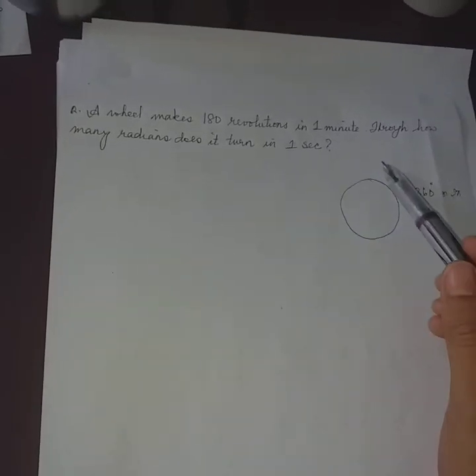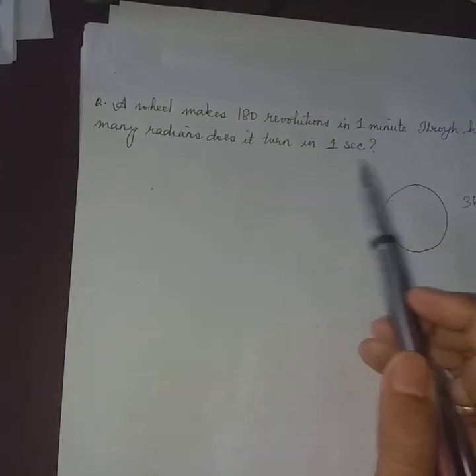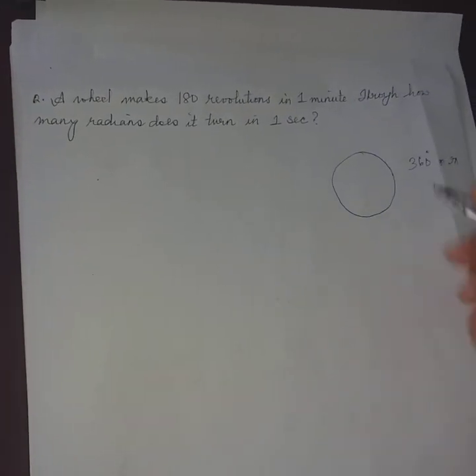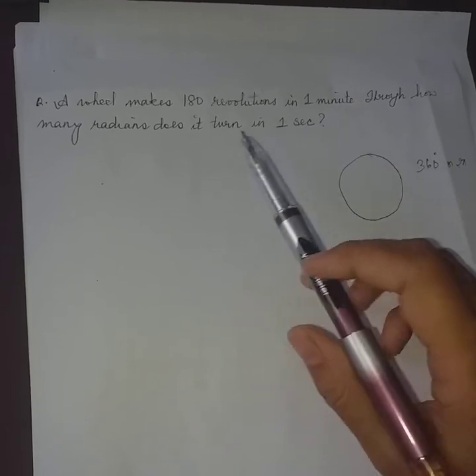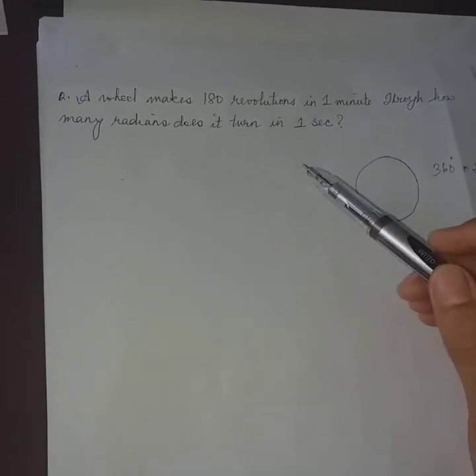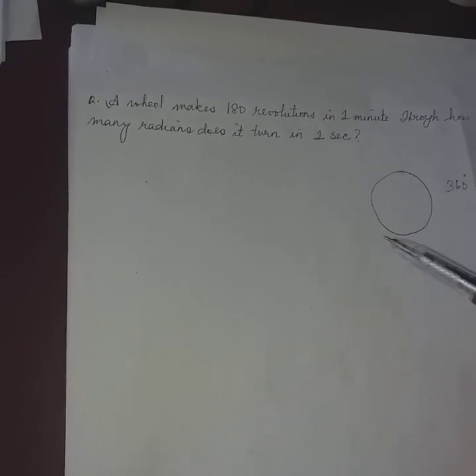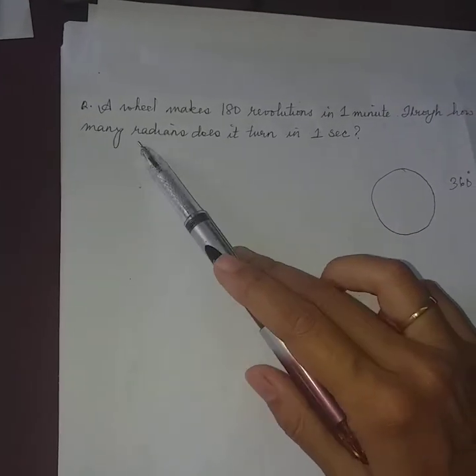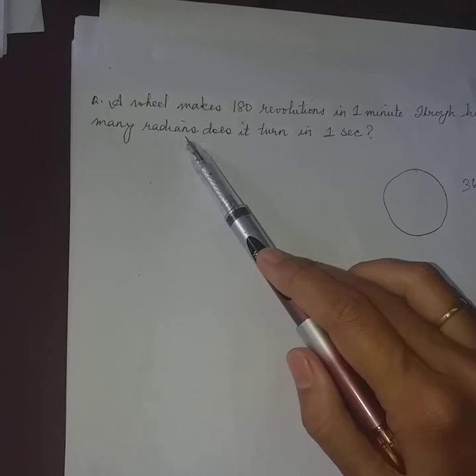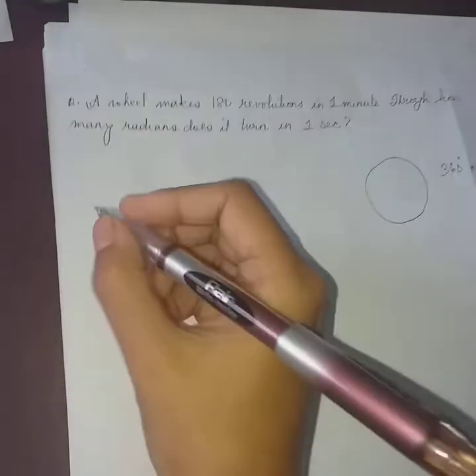So through how many radians does it turn in 1 second? If in 1 minute it makes 180 revolutions, in 1 second how many radians will it turn? Radians means angle, we must know that. So here let us write it.